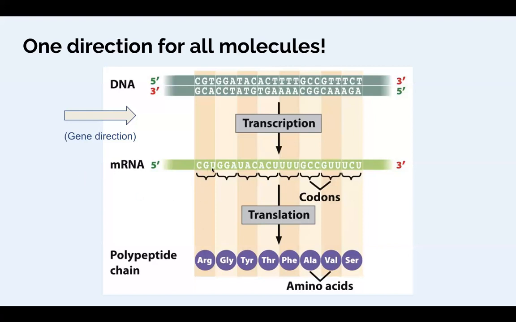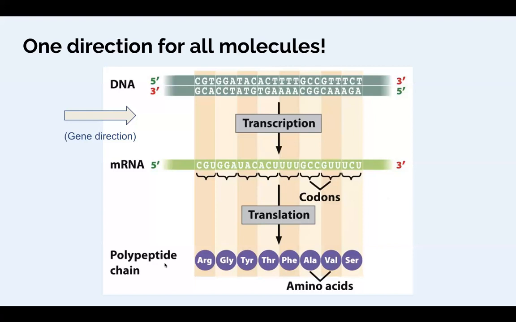Where you have CGU, that says put in arginine; where you've got GGA, that says put in a glycine; UAC, tyrosine, and so on. All the way through this sequence from start to end produces a string of amino acids that are joined together, and that string of amino acids gets called a polypeptide.